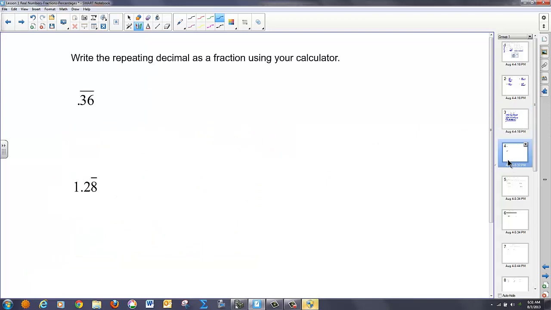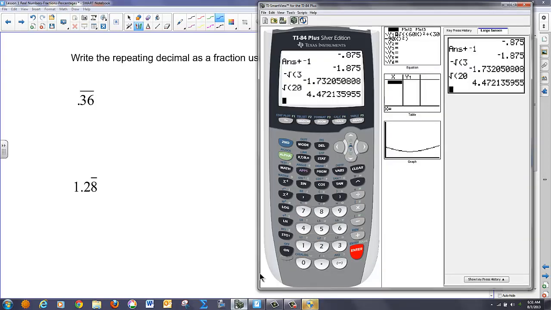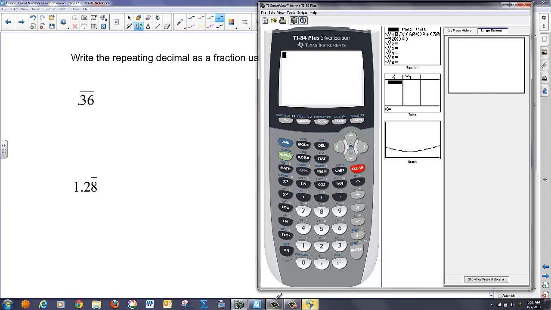Now we're going to use our calculator to represent 0.36 repeating as a fraction. So let's go back to our calculator. I'm just going to clear the screen by hitting the clear button. And what I'm going to do is I'm going to type in 0.3636, and I'm going to actually just repeat this quite a bit.